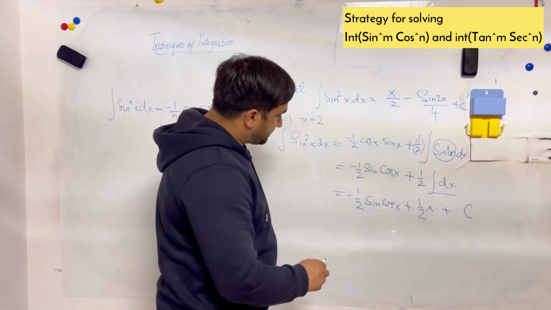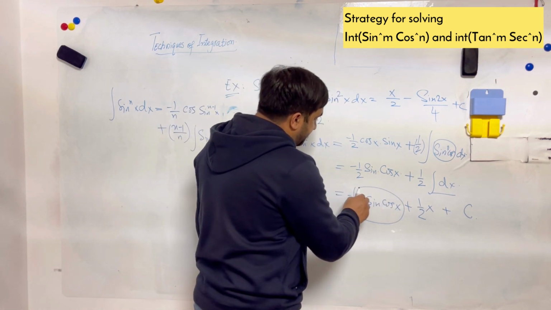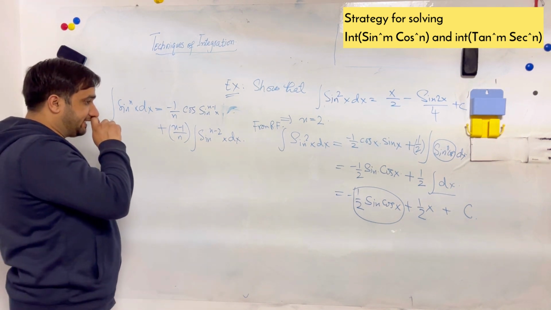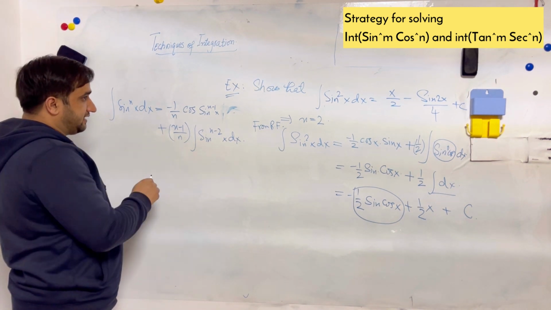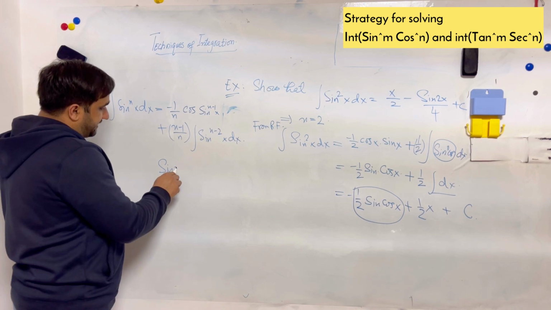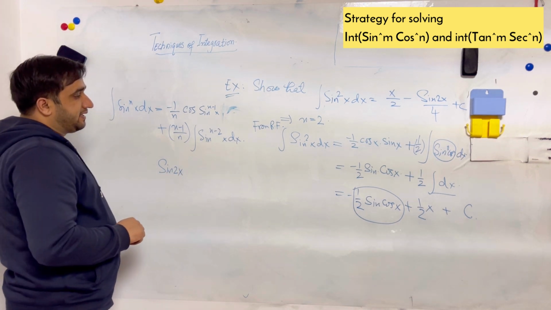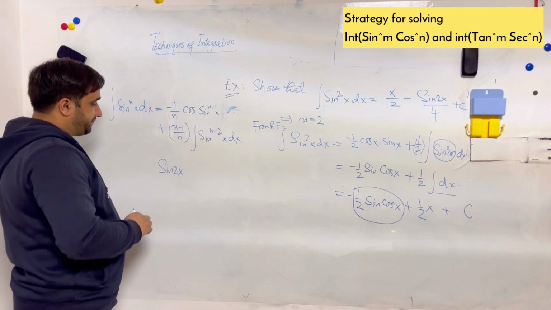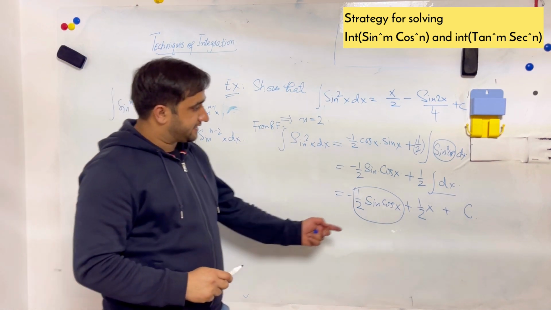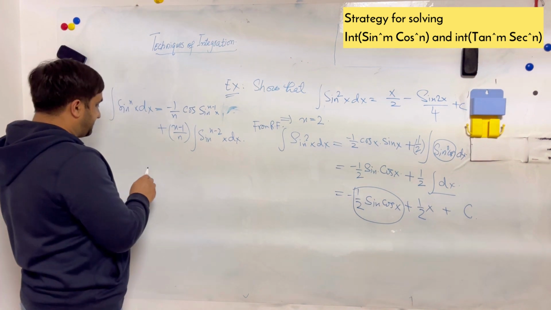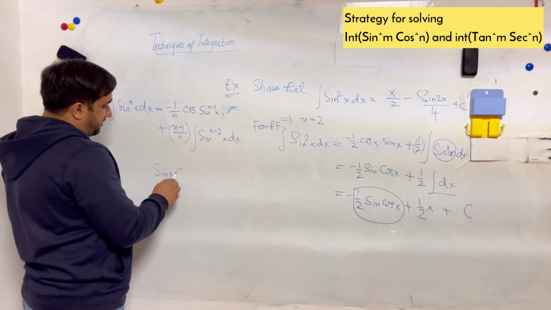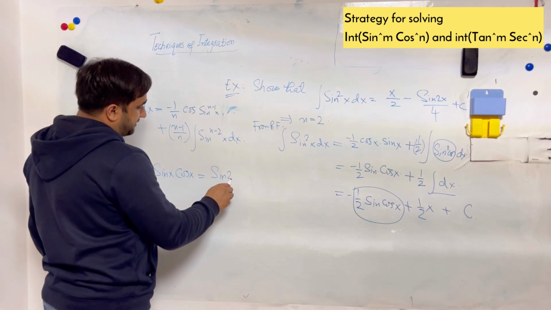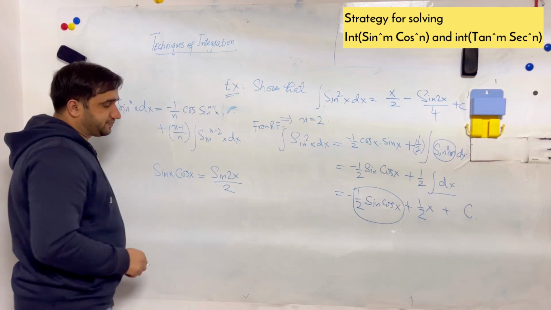Now this is a half angle formula in terms of trigonometry, and you always know that sine 2x is equal to 2 sine x cos x, so sine x cos x is equal to sine 2x divided by 2.